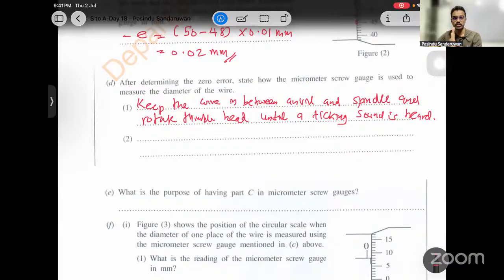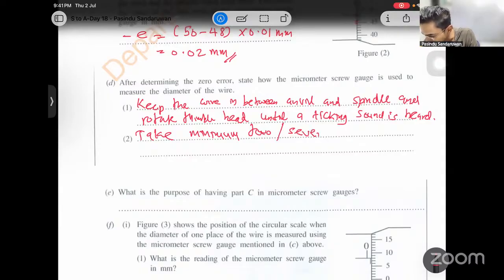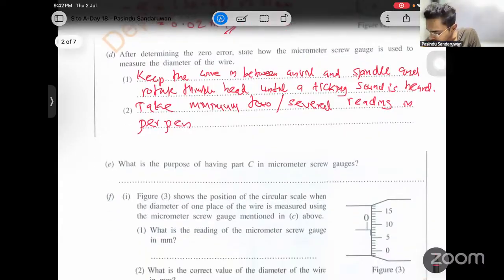Take a minimum of two, or several, readings in perpendicular directions and take the average.